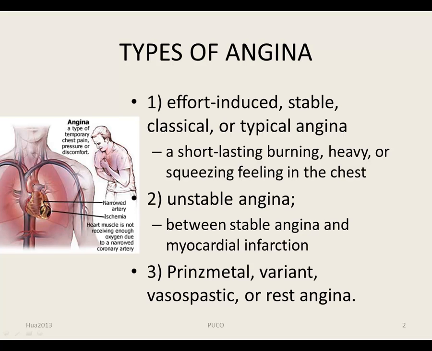Classic angina is the most common form of angina and therefore is called typical angina pectoris. It is characterized by a short-lasting burning, heavy, or squeezing feeling in the chest. Typical angina is primarily relieved by rest or nitroglycerin, which decreases myocardial oxygen demand.